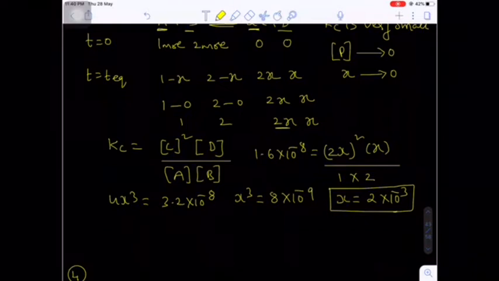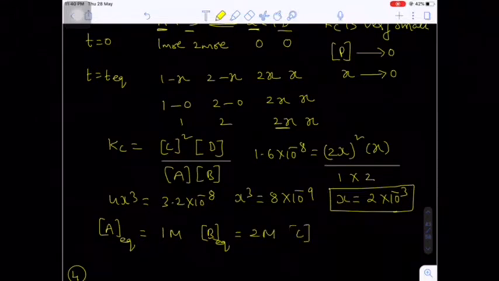Now from here, the concentration of A at equilibrium, how many moles of A? 1 mole per liter. The concentration of B at equilibrium is also 2 minus 0, that is 2 moles. The container volume is 1 liter.